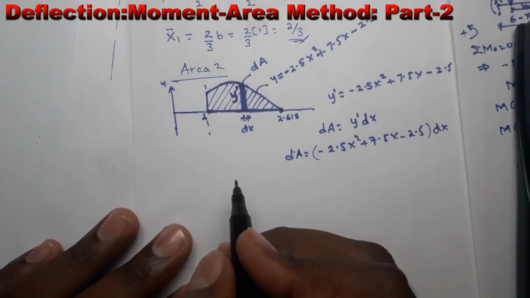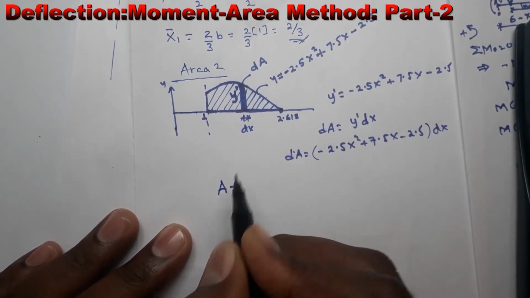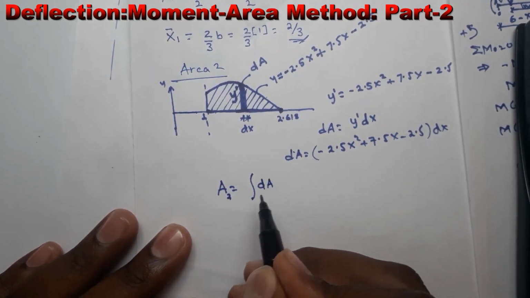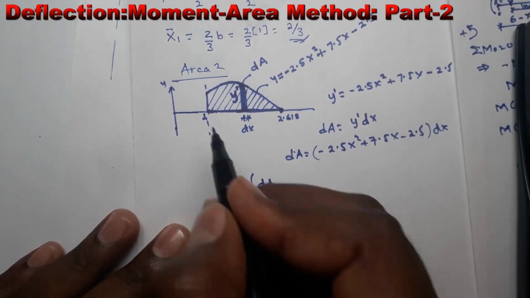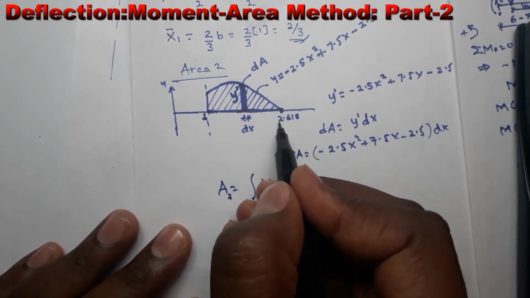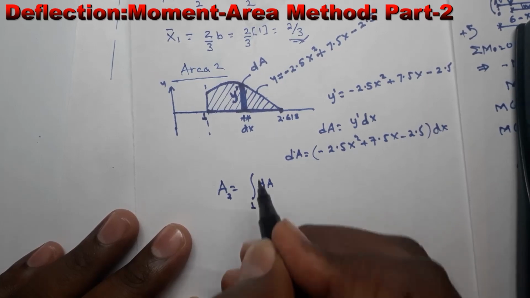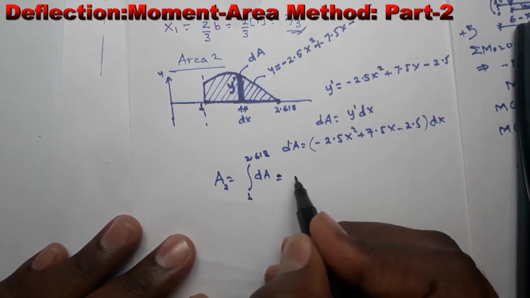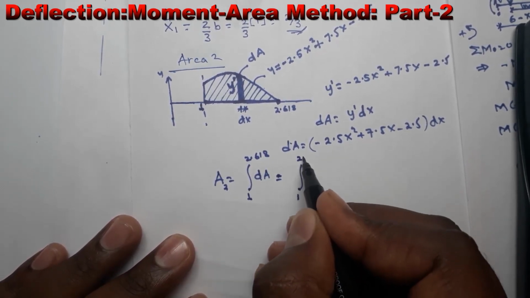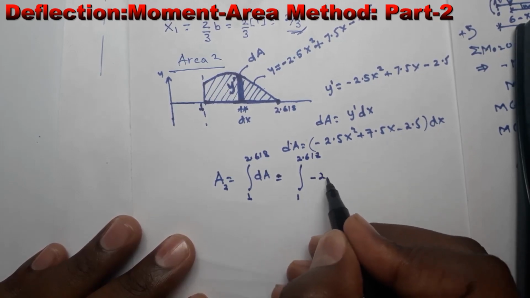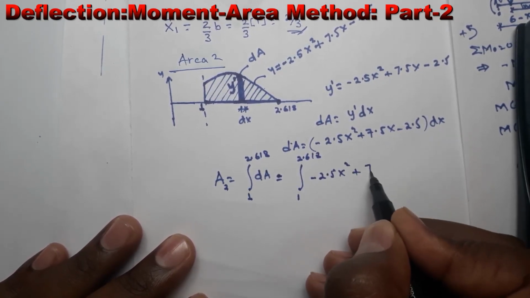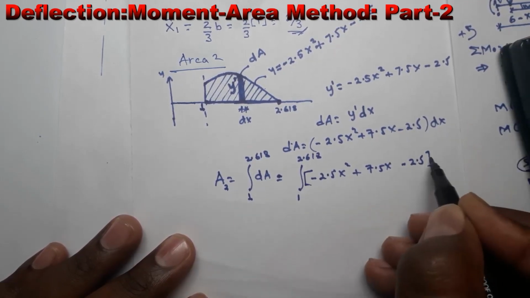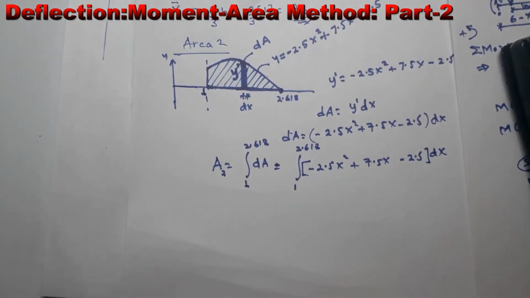So the total area, let me call it area 2, is the integral of dA, integrated from 1 up to 2.618. So this is equal to the integral from 1 up to 2.618 of negative 2.5x squared plus 7.5x minus 2.5, all with respect to x.